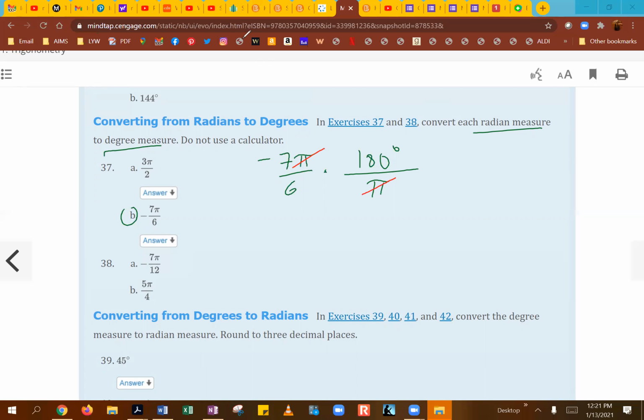And then, just simplify. So now you will have negative 7 over 6 multiplied by 180. And again, 6 goes into 18 three times. 6 goes into itself once. 6 goes into 18 three times, and then you can leave that 0 on there. And then just multiply negative 7 times 30, which will give us what?